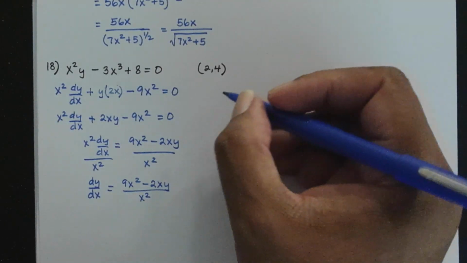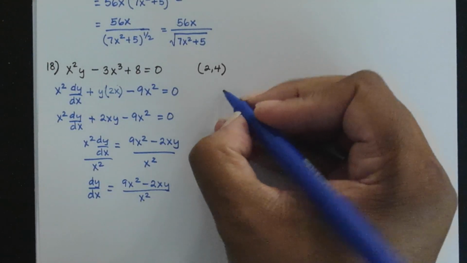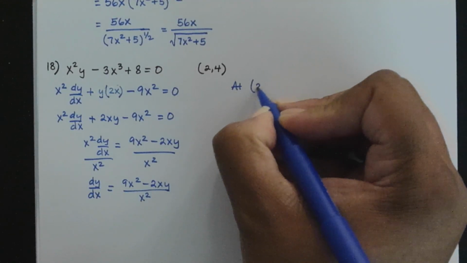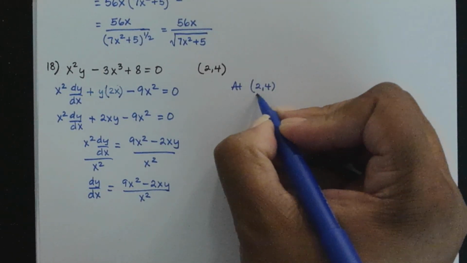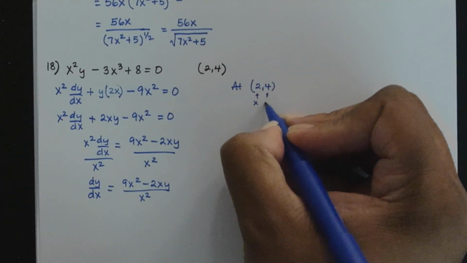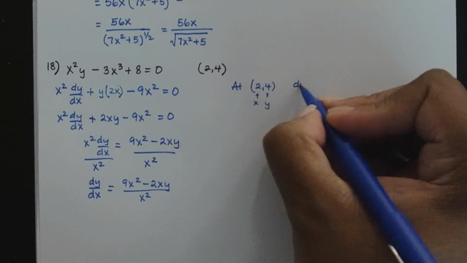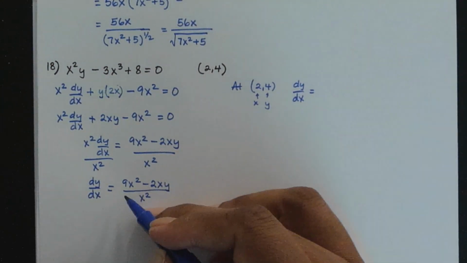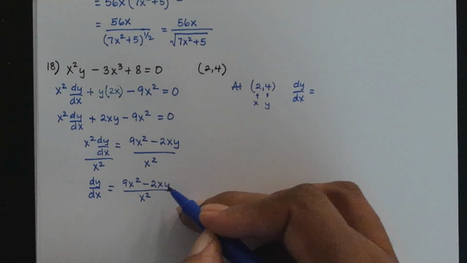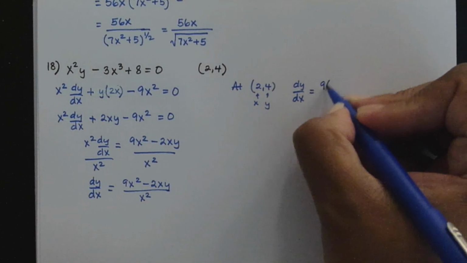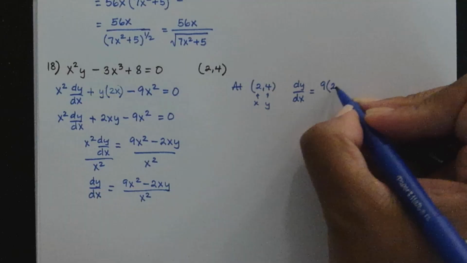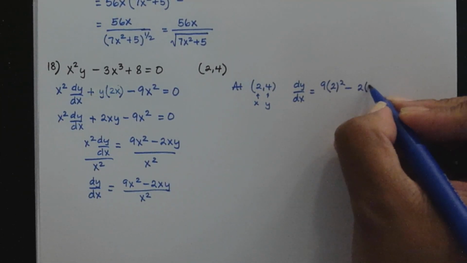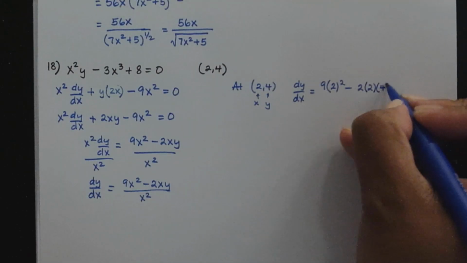Now, at the point (2, 4), here x is 2 and y is 4. We just substitute the x with the 2 and the y with 4. So I got 9 times x, which is 2, 2 squared, minus 2 times x, which is 2, y is 4.